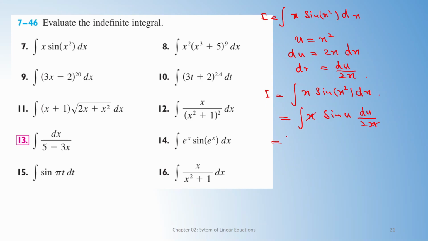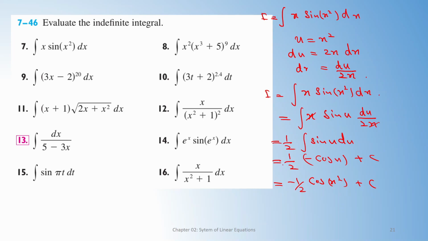Now when you choose the correct substitution, always the integral converts to a standard integral function. So you can apply the formula. The integration of sine u is minus cos u plus integral constant, so minus half cos u, where u is x squared, plus c. The important thing is the correct substitution.